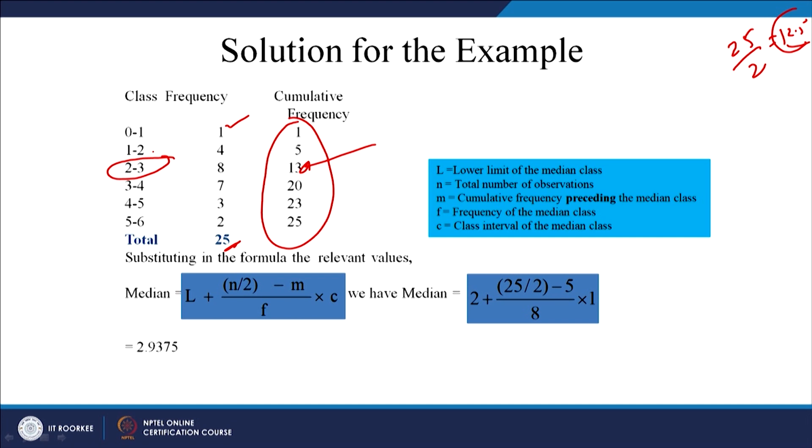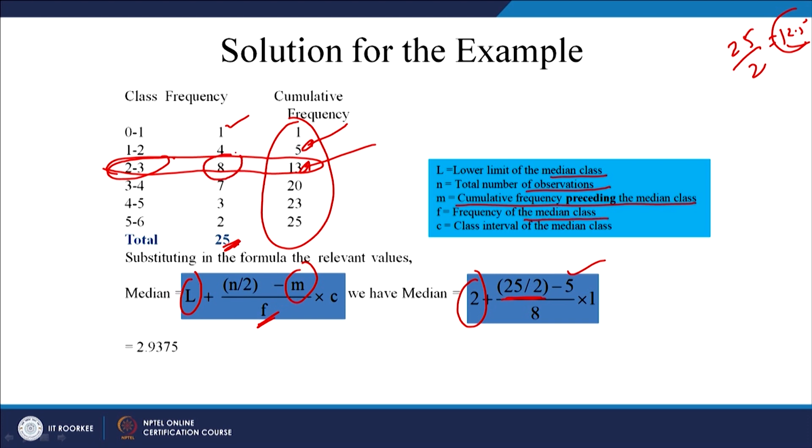Now, if you look at this formula, L is the lower limit of the median class. So, that would be 2. Total number of observations is 25, so n by 2 is 12.5, minus 5. What is M? M is the cumulative frequency preceding the median class. This is your median class, and the cumulative frequency preceding this is 5. 8 is f, the frequency of the median class.